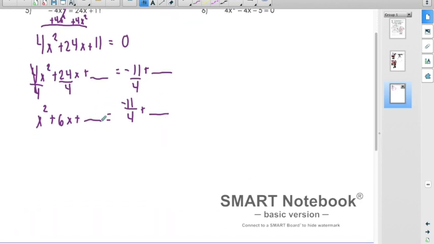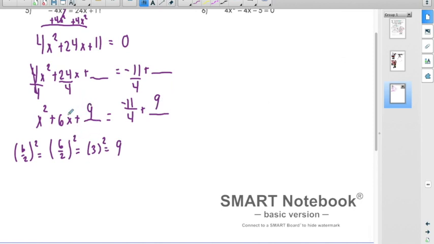Now I got to figure out what's going here and what's going here. Again, b over 2 squared. B divided by 2 squared. My value of b is 6, so 6 over 2 squared. 6 over 2 is 3, and 3 squared is 9. So 9 goes here, 9 goes here.